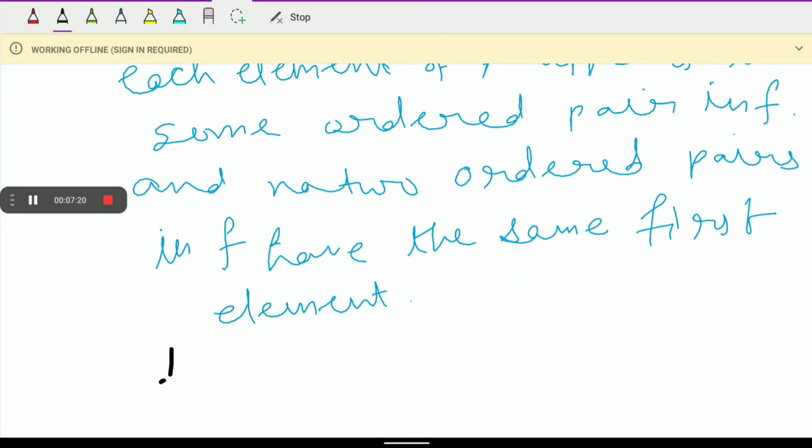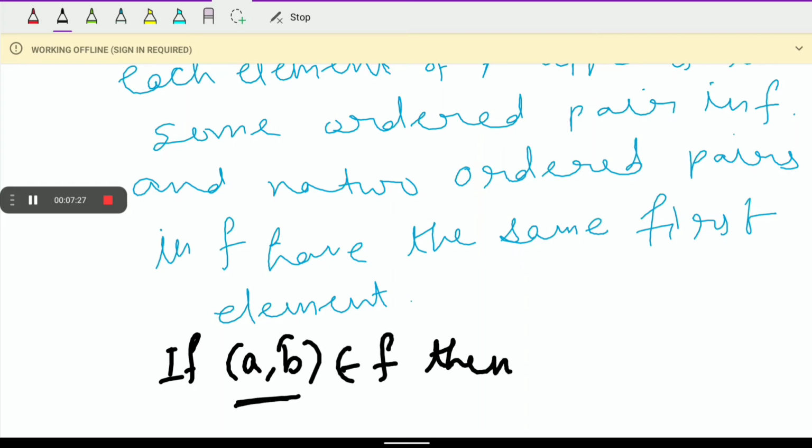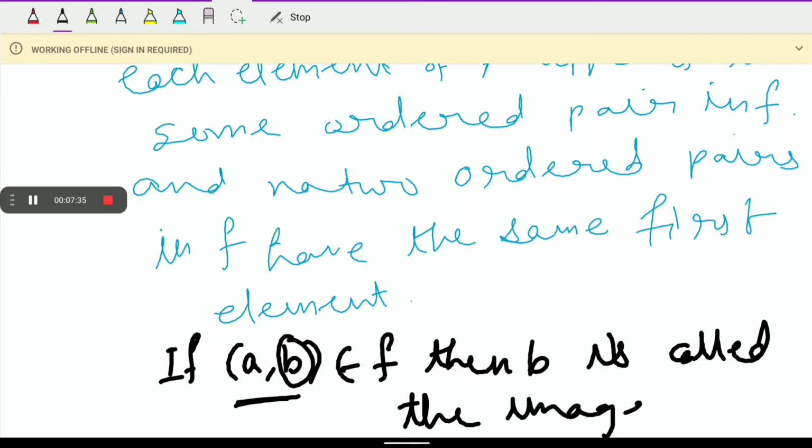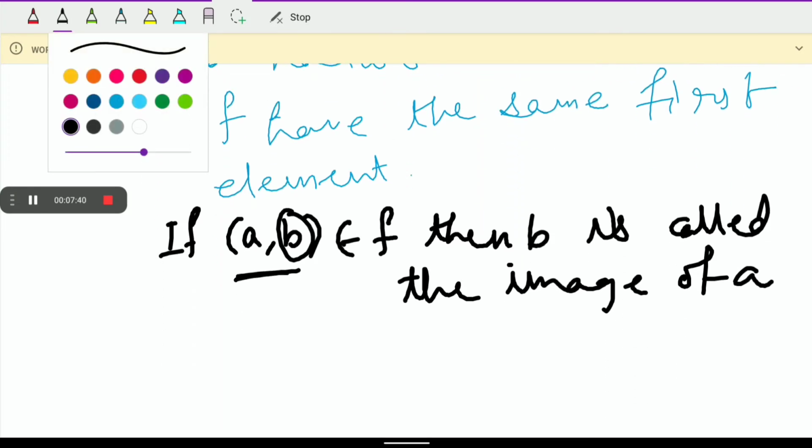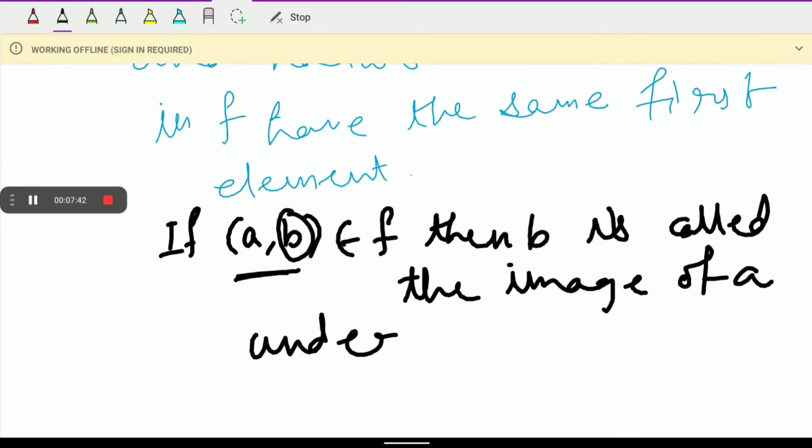If the ordered pair (a, b) belongs to F, then b is called the image of a under F. This is a very important word, image.